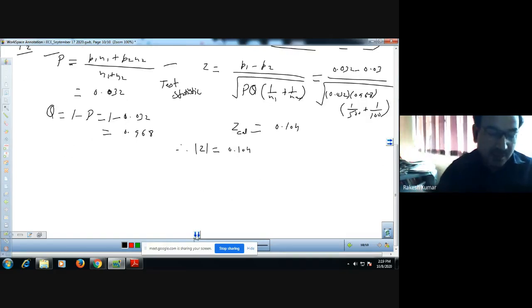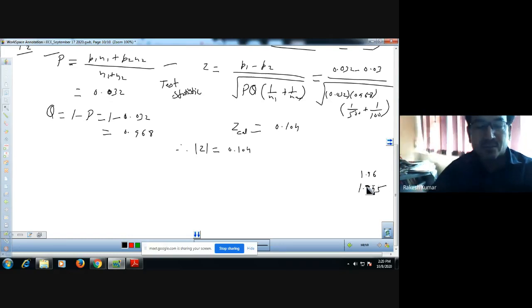For the two-tailed test, the table value is 1.96 at 5% level of significance. For a right-tailed test, it is 1.645. And for a left-tailed test, it is negative 1.645.